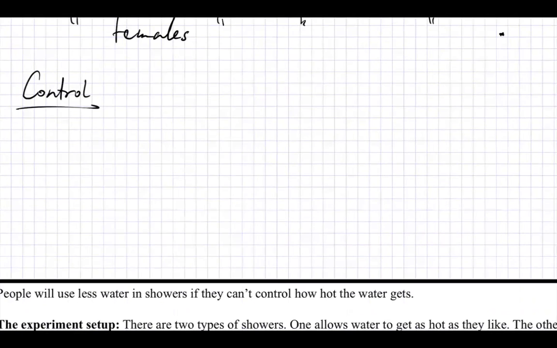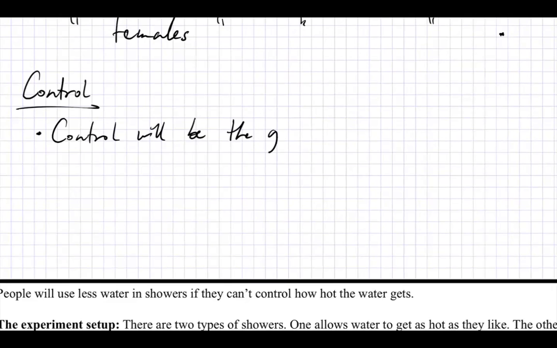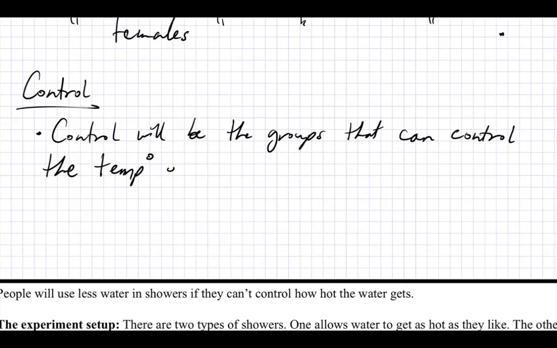Control. So which one's the control group? Control will be the groups that can control the temperatures of their showers.